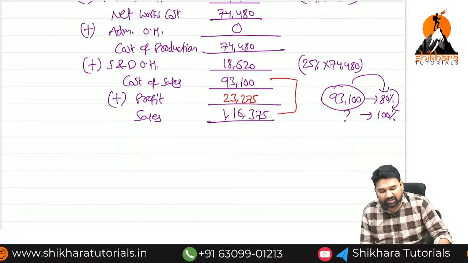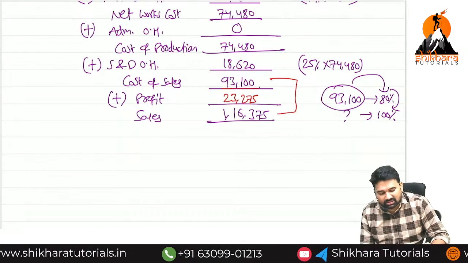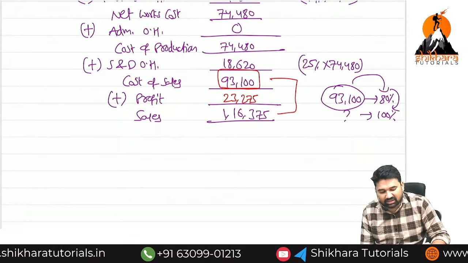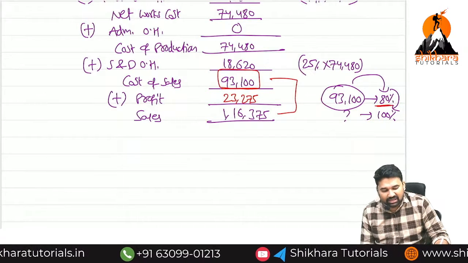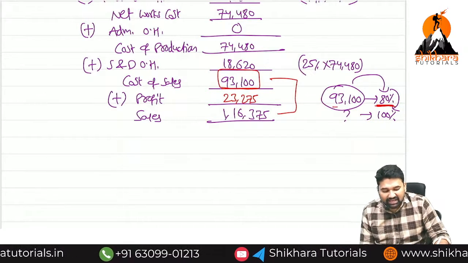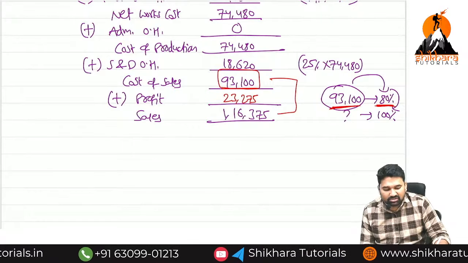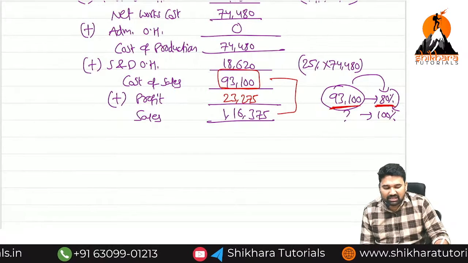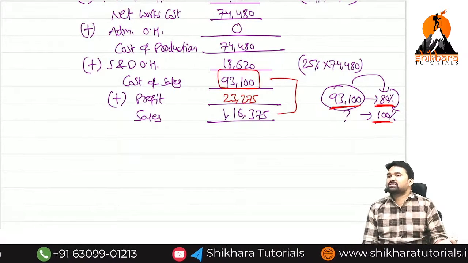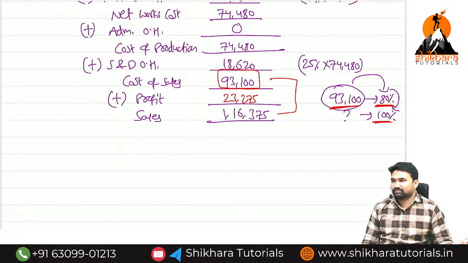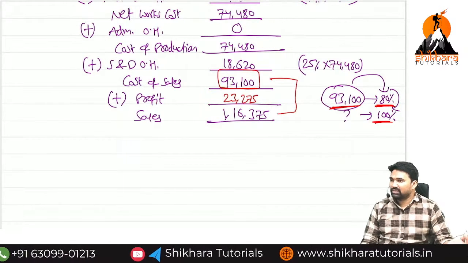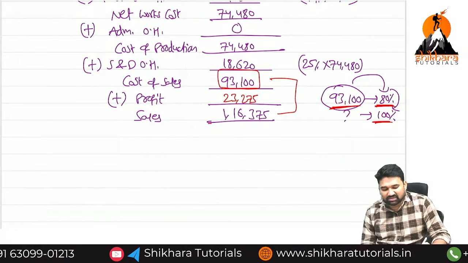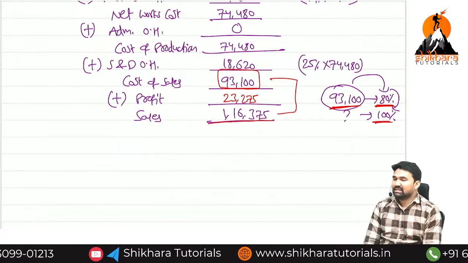By substituting in the equation, C means 93,100, which is equal to 80%. If 93,100 is equal to 80%, then 100% is equal to how much? We have solved the equation and sales came to around 1,16,375.